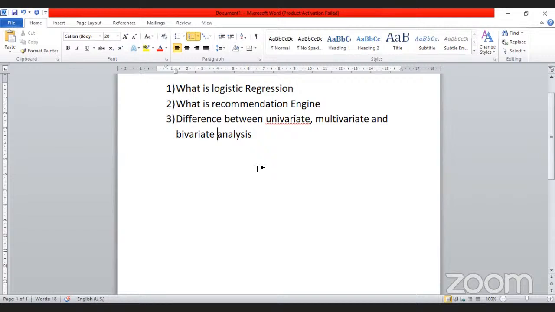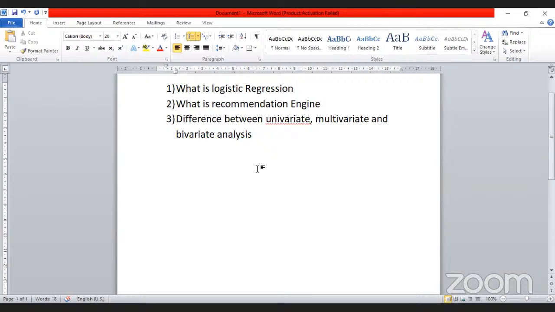For example, we plot a scatter plot with the help of two variables, which is an example of bivariate analysis. In a pie chart, we work on one variable, so that is an example of univariate analysis. Do you understand the difference between univariate and multivariate analysis?